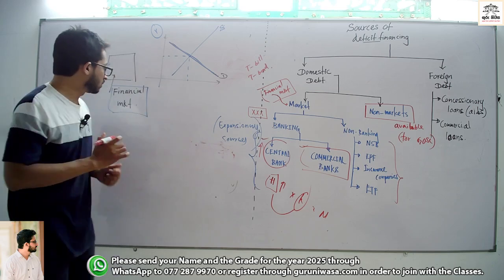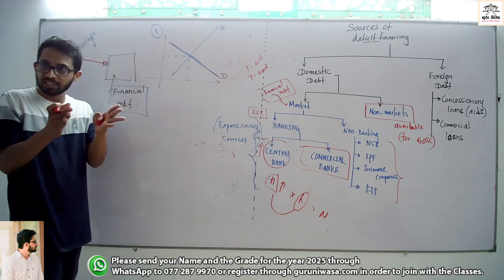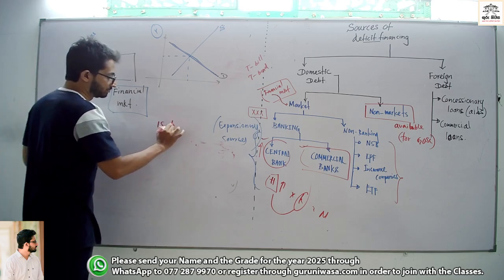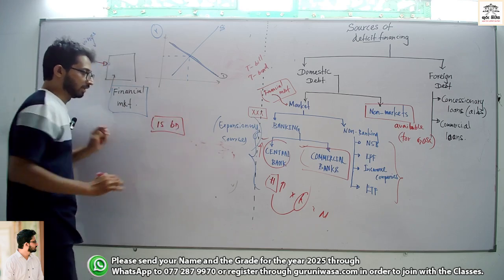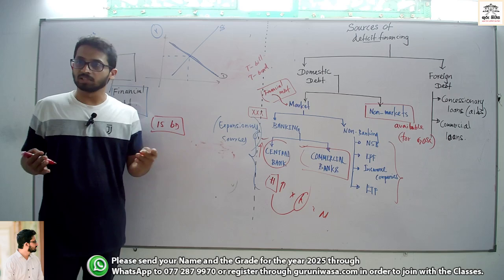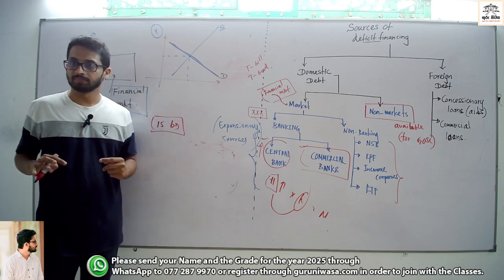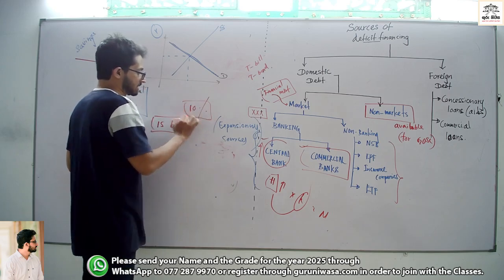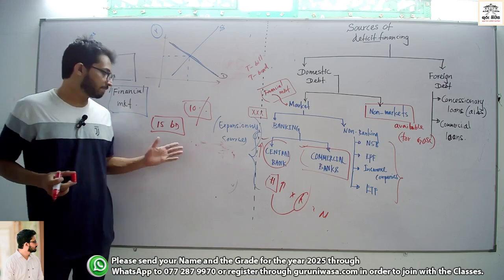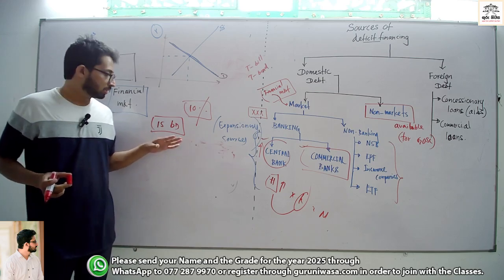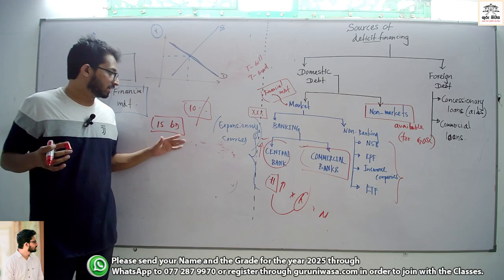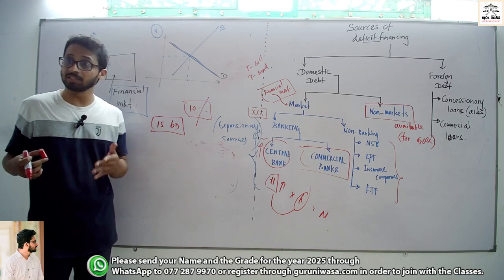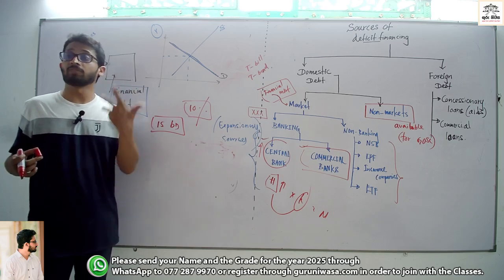Assume the total funds available in the financial market is 15 billion. This 15 billion can be invested or given as loans. Assume the average interest rate is 10%. But assume that to finance the budget deficit, the government needs 13 billion.